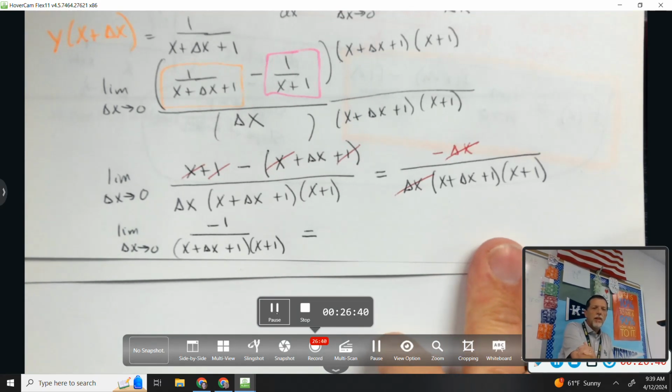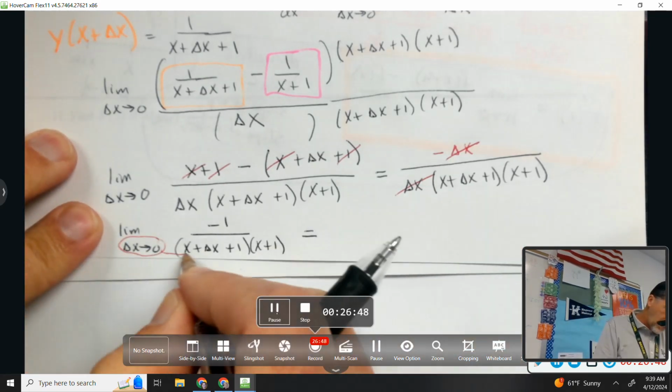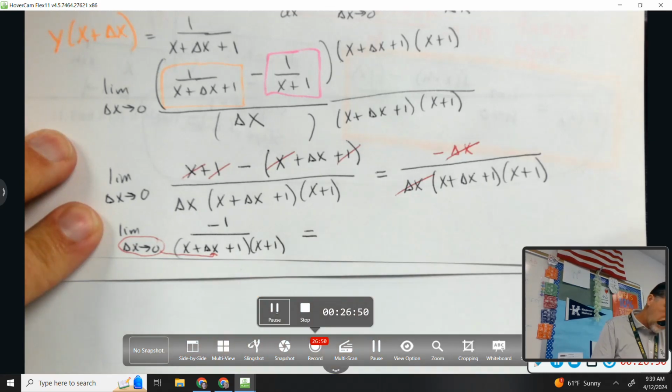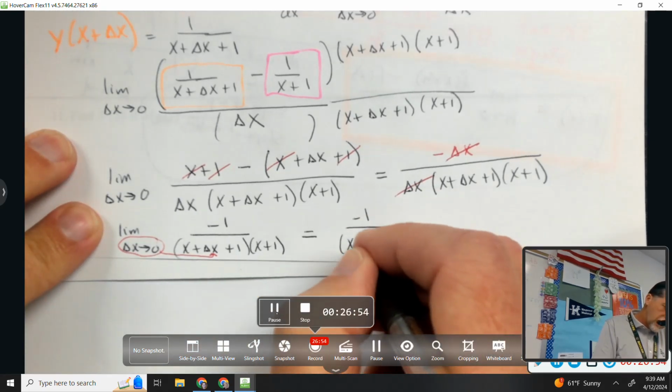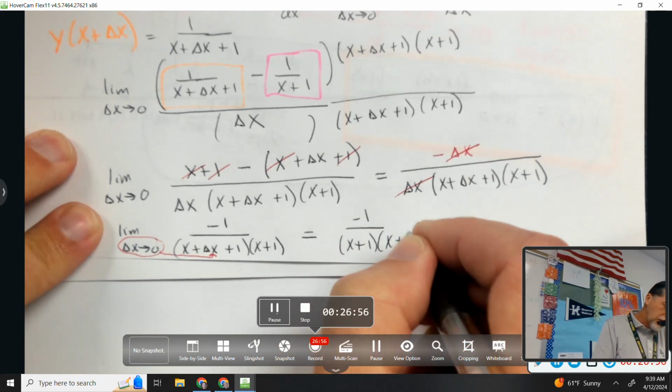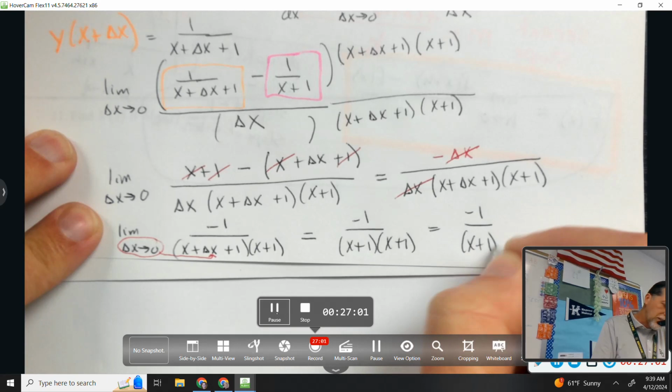Cancel the delta x's, so that shouldn't be a problem anymore. Now we can substitute again. And we get negative 1 over x plus 1 times x plus 1, or just negative 1 over x plus 1 squared.